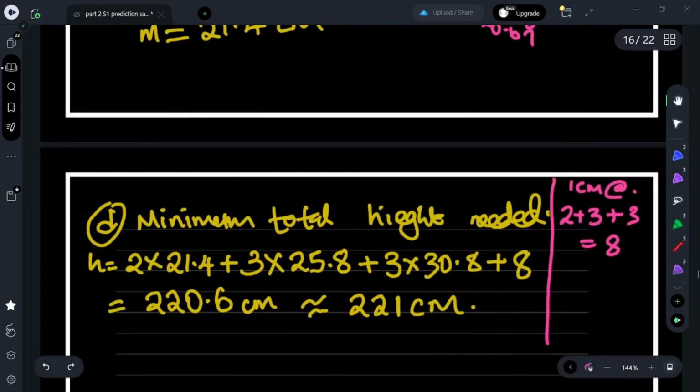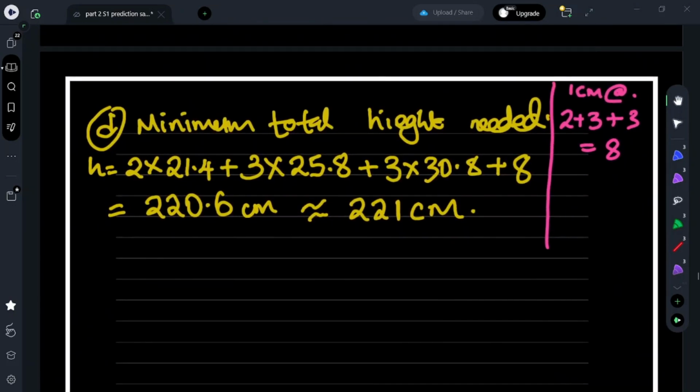Here we have the height as a result of the small books, and they were in the ratio of 2:3:3. So when you multiply the height of the small books, 21.4, times their proportion of 2, plus, as a result of the medium books, the maximum height would be 25.8.